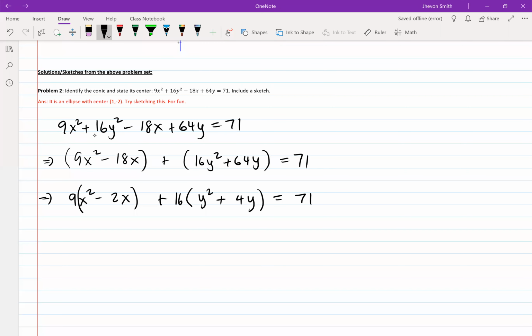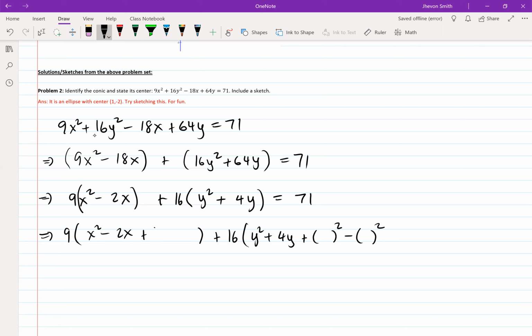Now you want to complete the square inside the parentheses. So this is x squared minus 2x. I'm going to add and subtract something. Y squared plus 4y. I'm going to add something squared, subtract something squared.